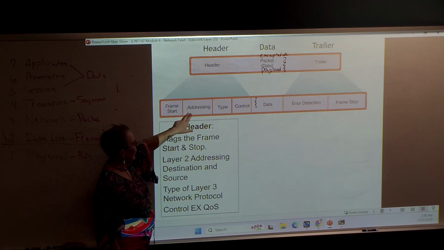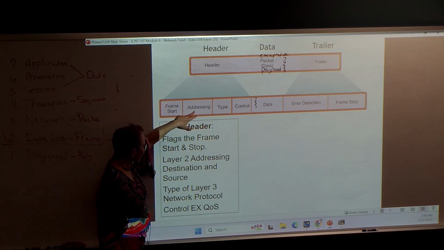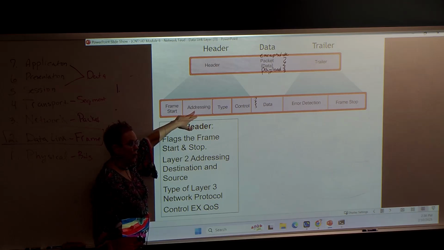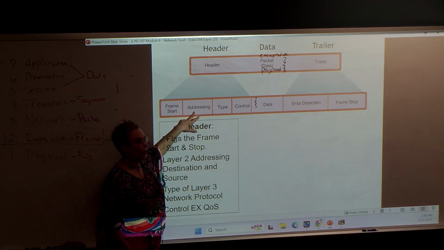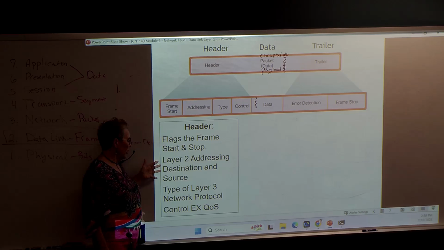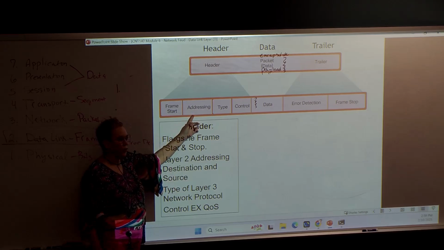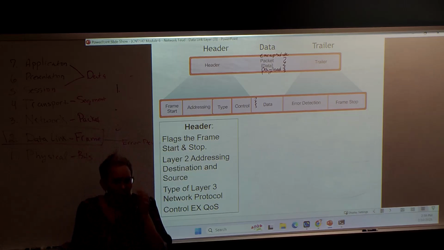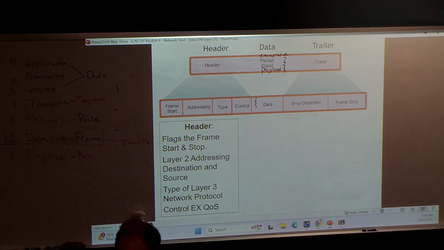Next, we're going to have the addressing. What kind of addressing? MAC addressing, layer 2 addressing. Now, one thing I want you to notice here is that the destination address is listed first, followed by the source address.